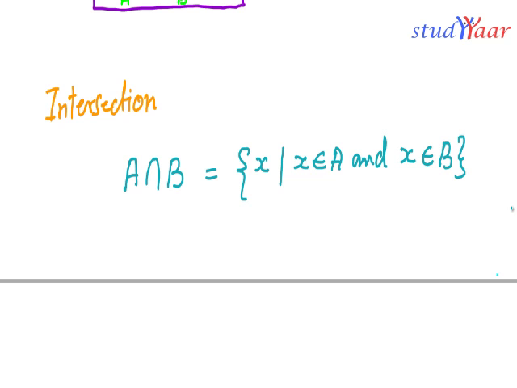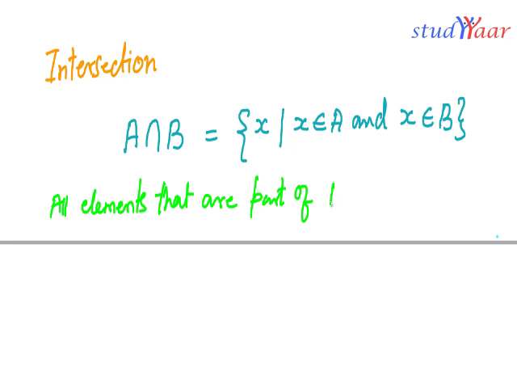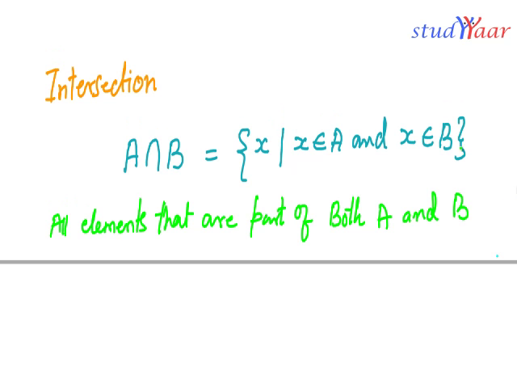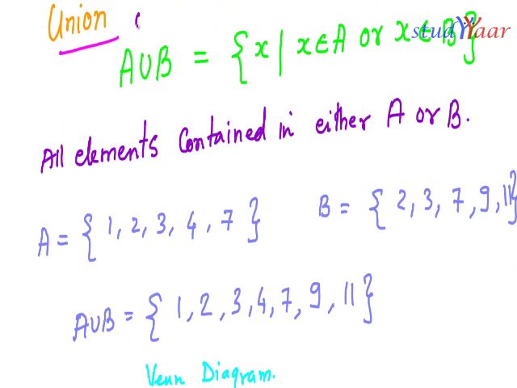If I have to write it in English, I am going to say the intersection is all elements that are part of both A and B. So your intersection is similar to the concept of AND, and your union is similar to the concept of OR.